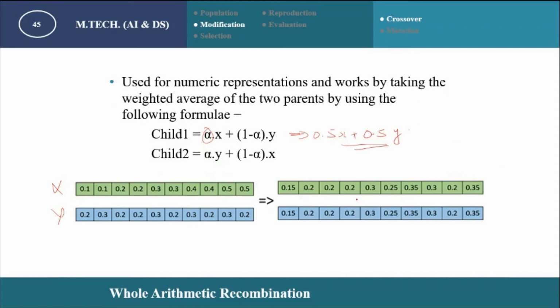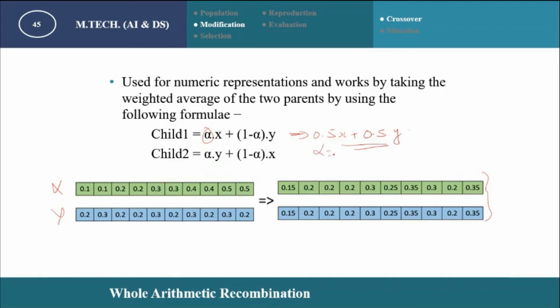But the problem with this type of crossover is that both the offsprings will be the same. See, both the offsprings: 0.15, 0.15, 0.2, 0.2, again 0.2, 0.2, 0.2, 0.2, 0.3, 0.3, 0.25, 0.25. So all the genes are the same in both the chromosomes. That is, both the chromosomes are the same. So that is the problem with alpha equal to 0.5.